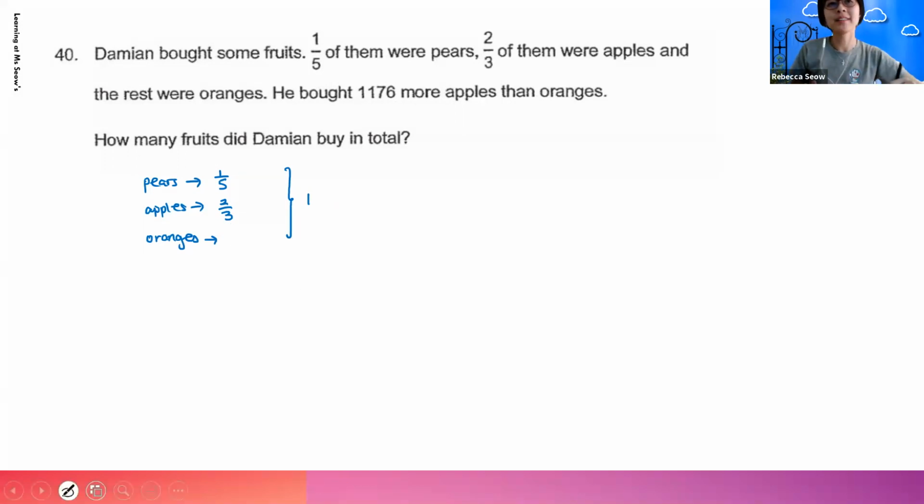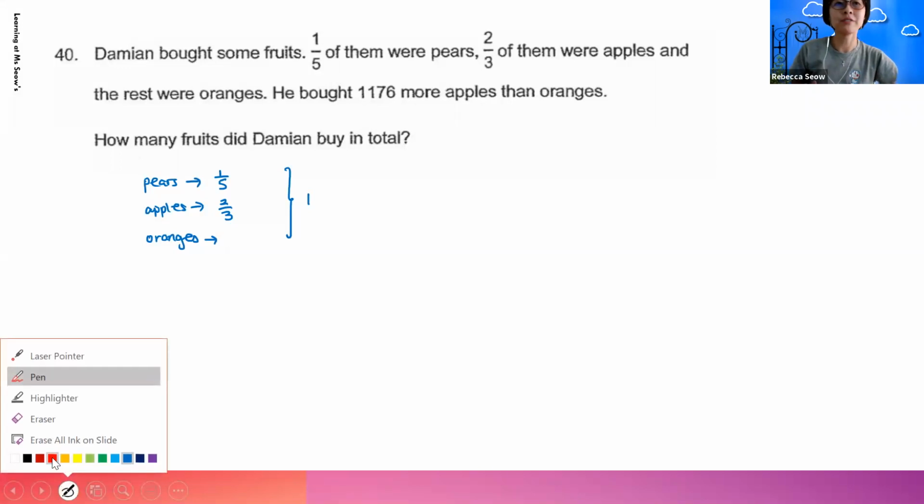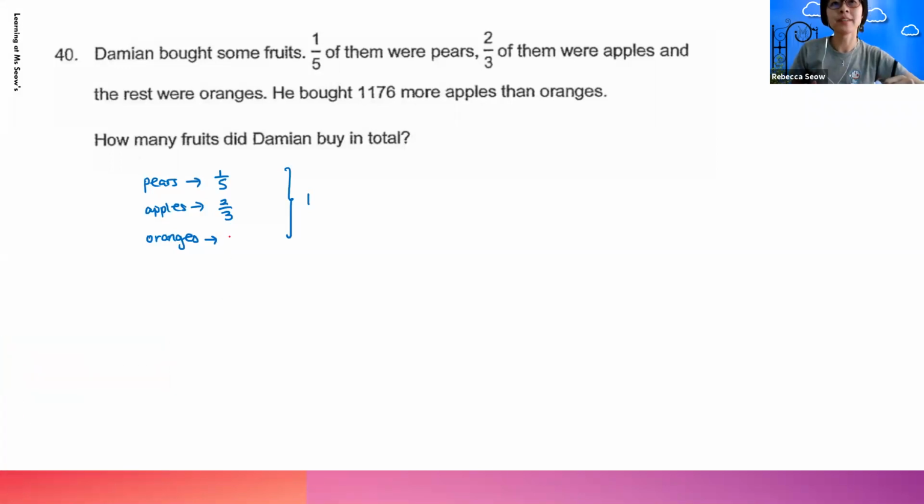So to find the proportion of fruits that are taken up by oranges, we take 1 whole, take away 1/5, we take away 2/3. So we realize that, oh, okay, we have 3 terms here, 1 whole, 1/5, and 2/3 that are of different denominators.